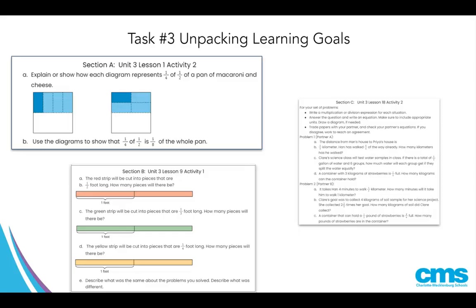When two wholes are partitioned into 1/3 size pieces, there are 3 in each whole. So 2 wholes times 3 pieces is 6. When two wholes are partitioned into 1/4 size pieces, there are 4 parts in each whole. So 2 wholes times 4 parts is 8 pieces.